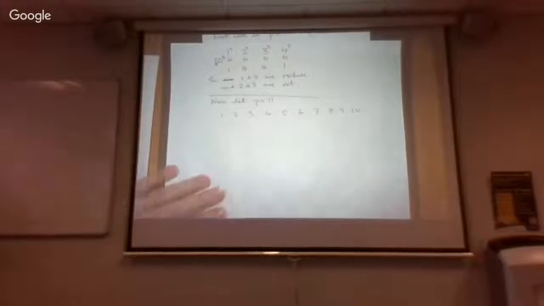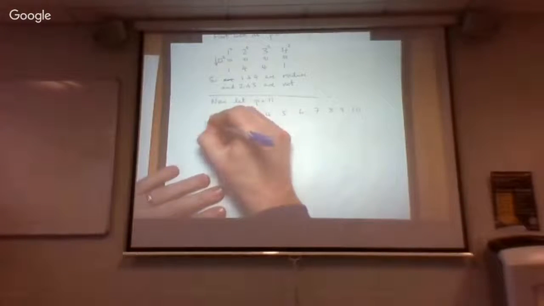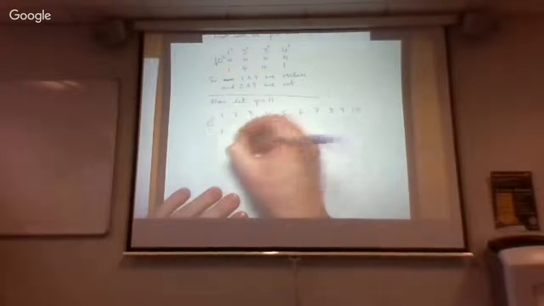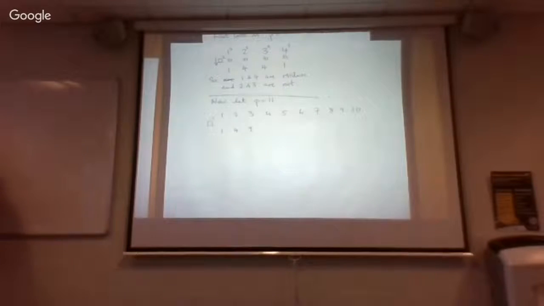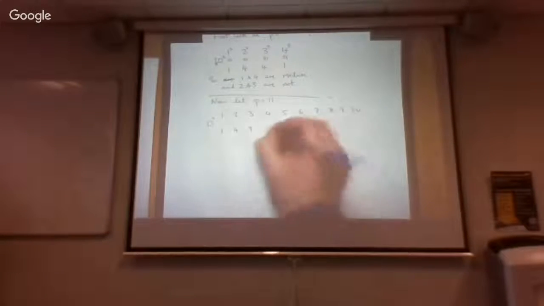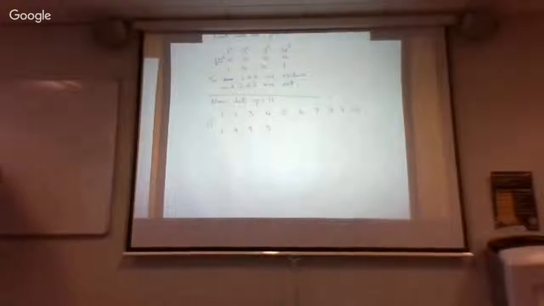Well, again, if we square everything, we'll see what's happening. So 1 squared is 1, 2 squared is 4, 3 squared is 9, 4 squared is 16, but modulo 11, 16 is 5. 5 squared is 25, but modulo 11, 25 is 3, so it's 22 plus 3.